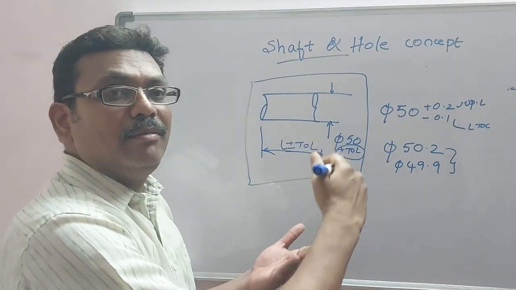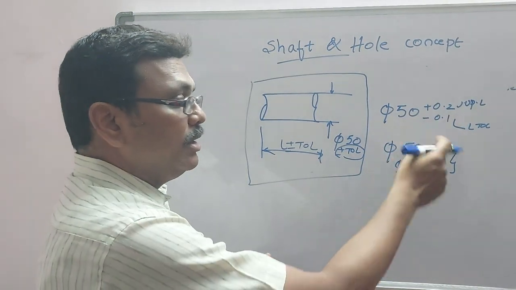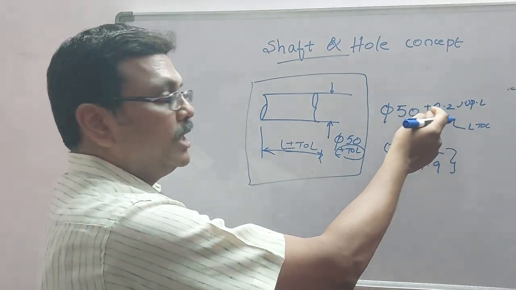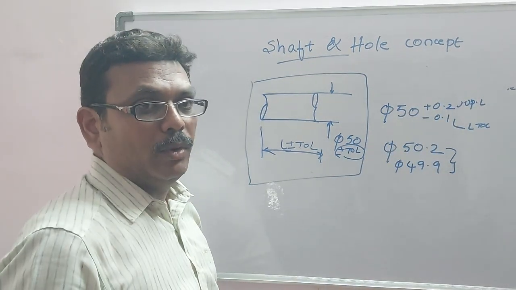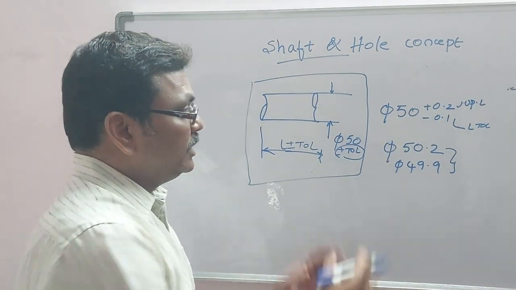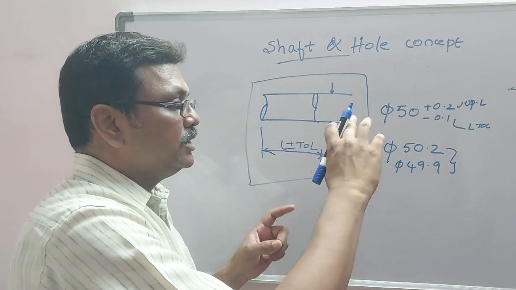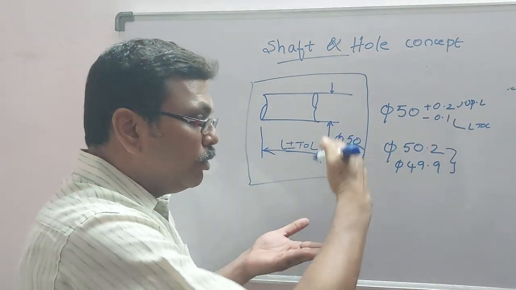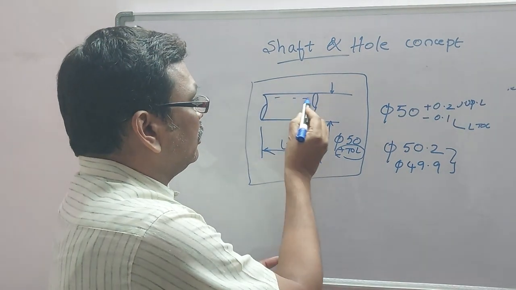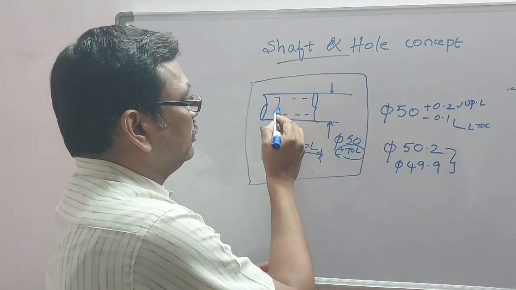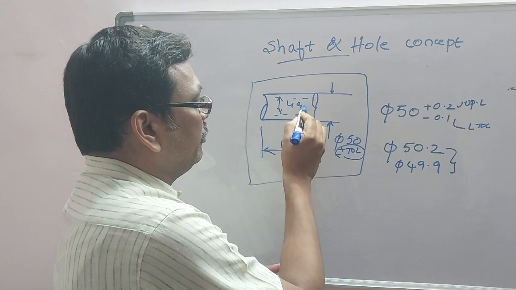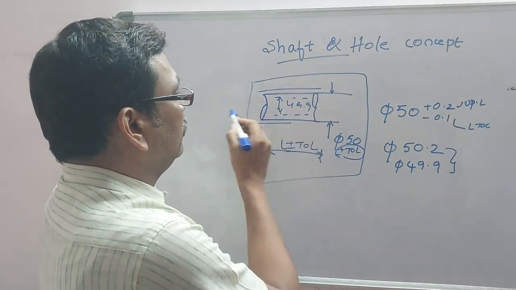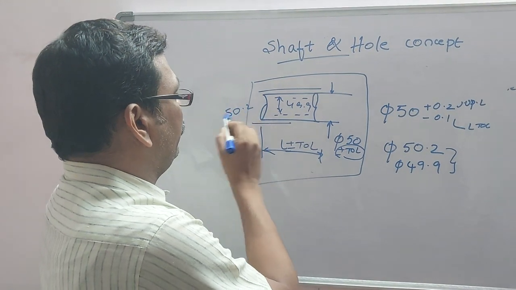So there should be some tolerance zone. That is what this tolerance zone is. I have set the tolerance zone as 0.2 and 0.1. So this shaft can be produced up to diameter 50.2 and it can go below to 49.9.